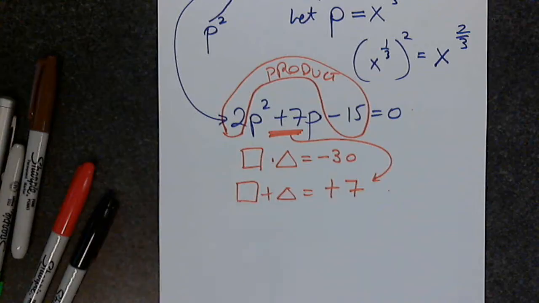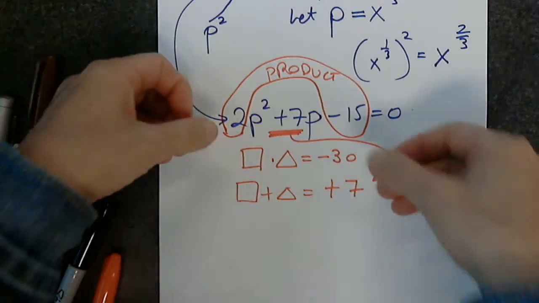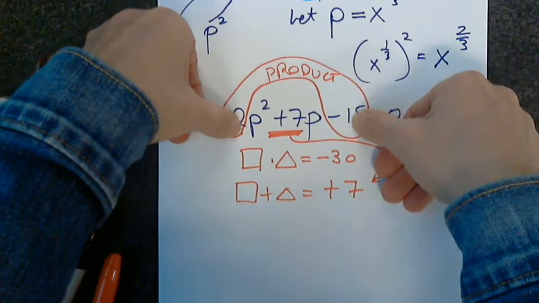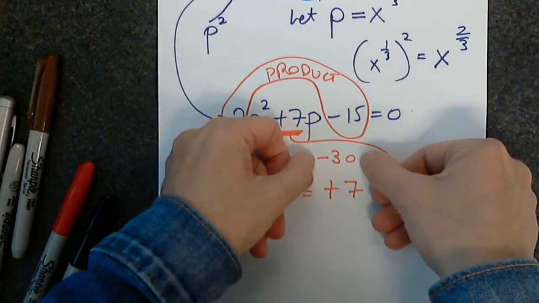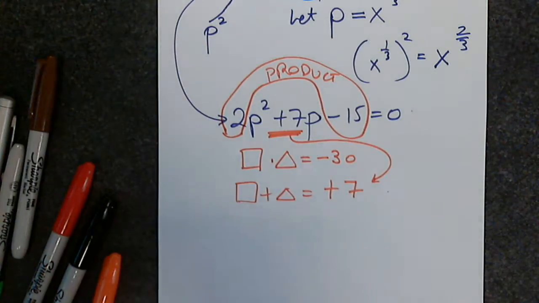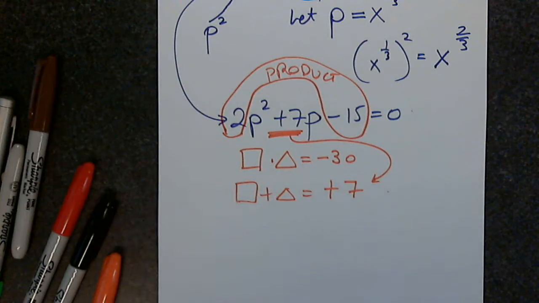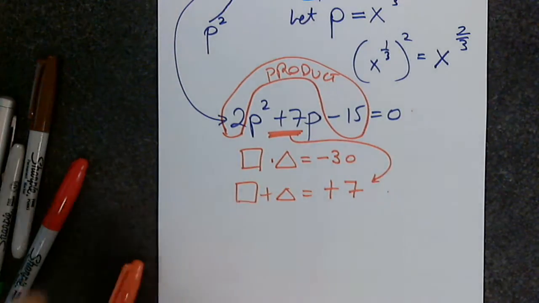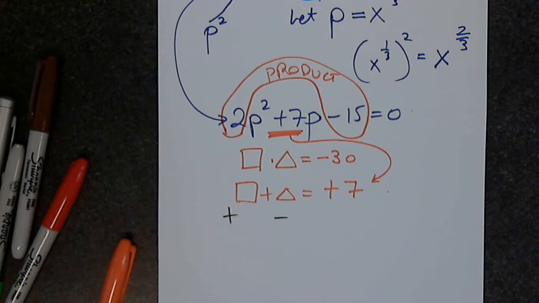And I'll show you what happens next. So I'm looking for two numbers whose product is -30 and whose sum is +7. Since the product is negative, one number must be positive and one number must be negative, there is no other way. So now let's think.